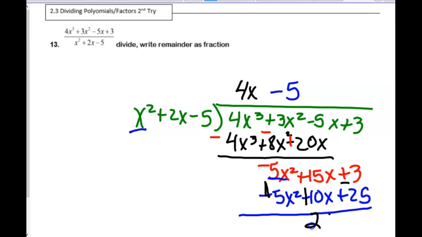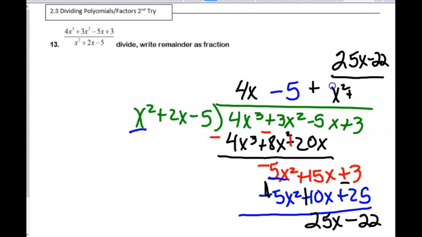This is 25x, isn't it? Minus 22. Lovely. So the remainder is plus 25x minus 22 all over the divisor.